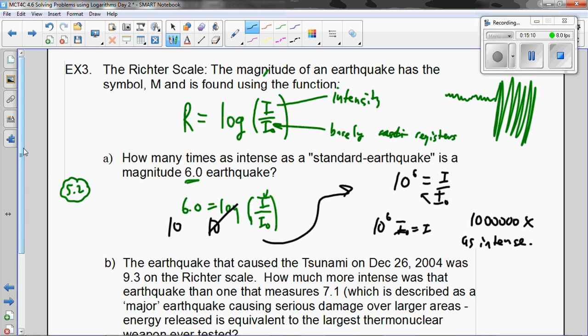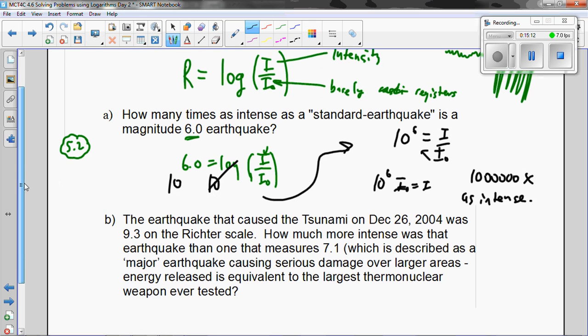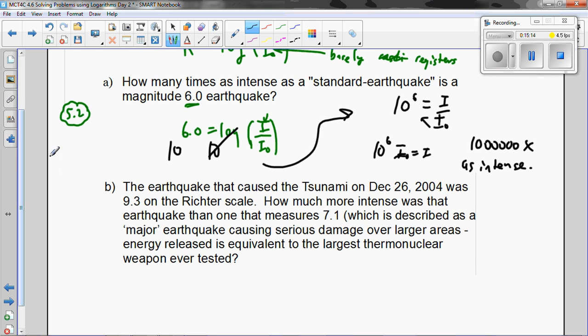More interesting, I think, is to use an idea of some actual earthquakes. The earthquake that caused the tsunami, in the Indian Ocean on December 26, 2004. I don't know how many of you remember that, but it was devastating on Boxing Day. It registered 9.3 on the Richter scale, which is quite high. How much more intense was that major earthquake, the tsunami causing earthquake, than one that measures 7.1?